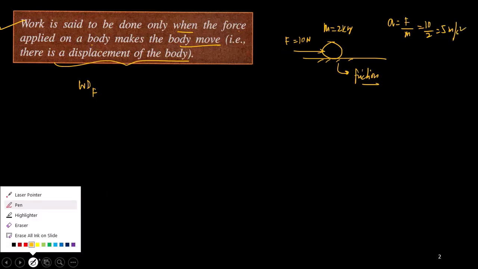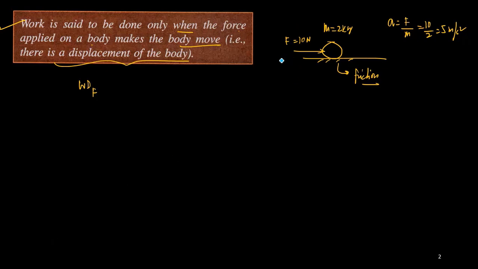Now if I ask to calculate the work done by this force in 2 seconds, I have to calculate the displacement produced by this force. In 2 seconds the particle will move by a distance S, that equals ut plus half at square. Assuming the particle starts from rest, u is 0, so it is half at square.